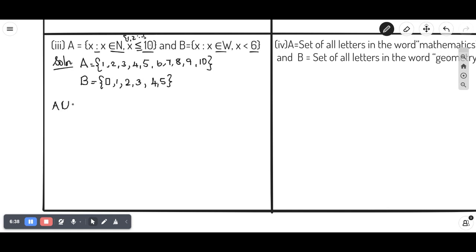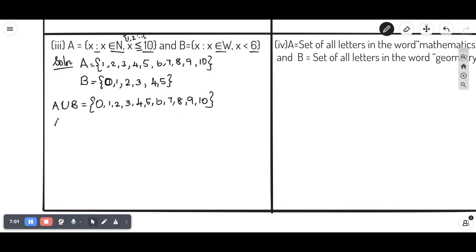First is your A union B. A union B is nothing but you have to write all the elements together. So you have to start with 0, 1, 2, 3. Since we have got the elements of A till 10, we can simply write all the elements till 10, including 0.